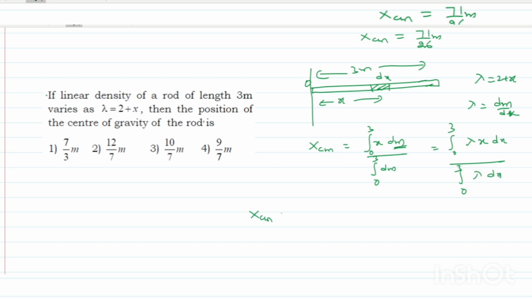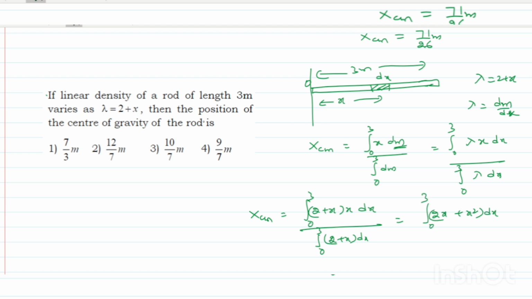Now xm is the integral from 0 to 3 of 2 plus x into x into dx by the integral from 0 to 3 of 2 plus x into dx. Multiplying, we get 2x plus x square into dx.